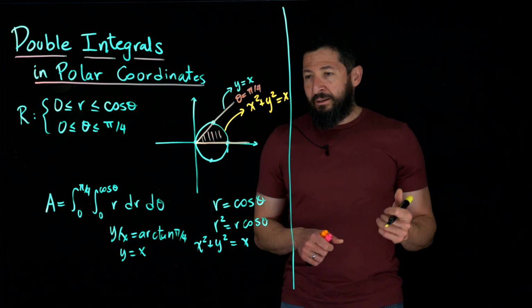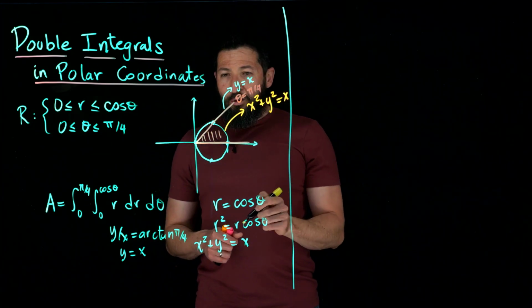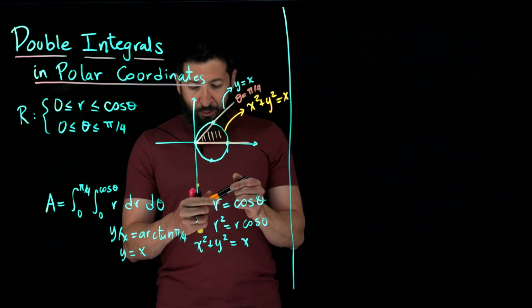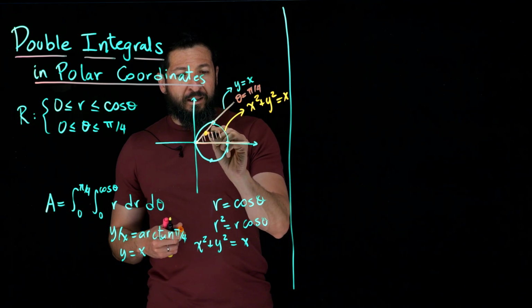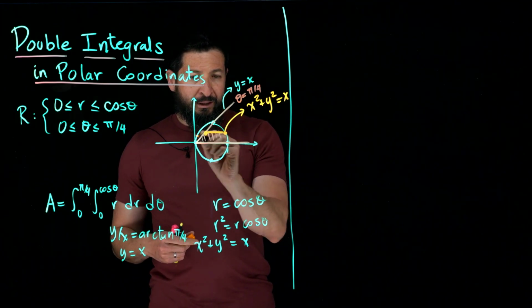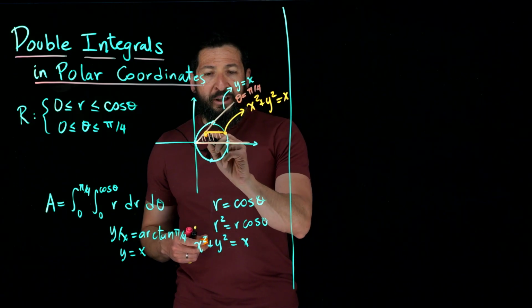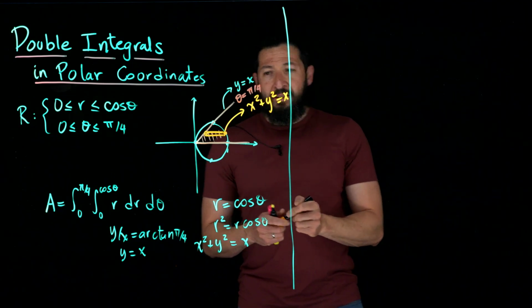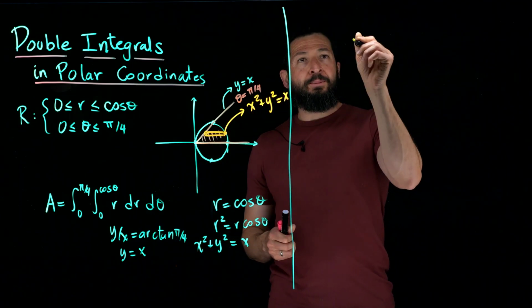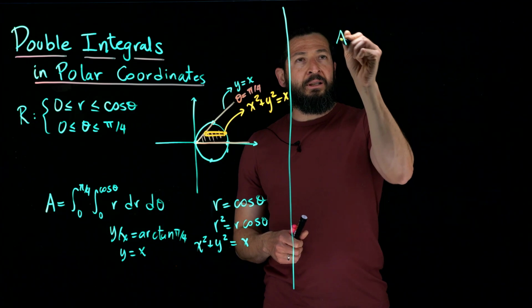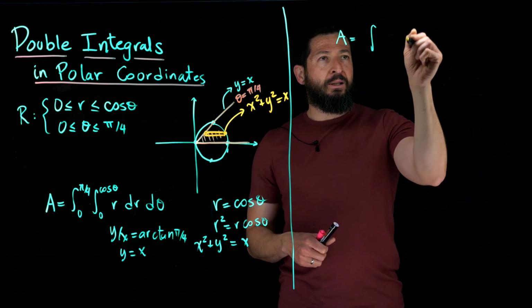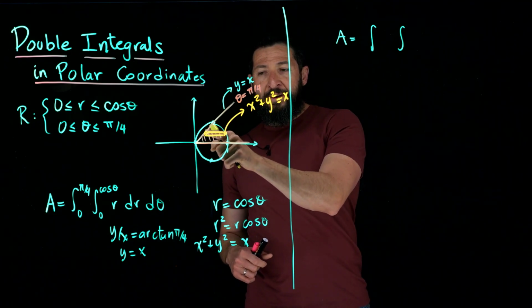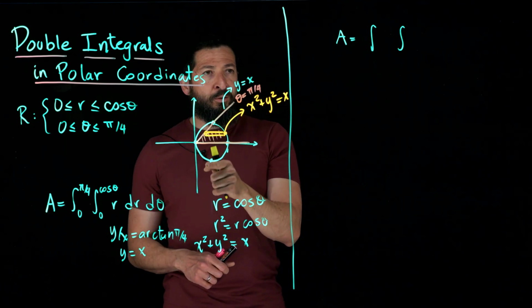So I need to integrate this region. What is the easiest way to do it? I believe it is by doing a horizontal rectangle first, going from left to right. So when I go from left to right, x has to be a function of y.